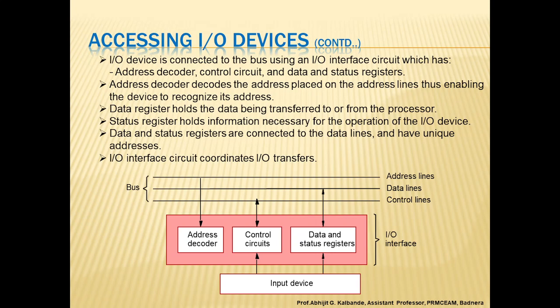The status register contains the information relevant to the operation of the IO device. Such registers are also connected to the data bus and assigned a unique address. These IO devices operate at a speed vastly different from that of the processor.